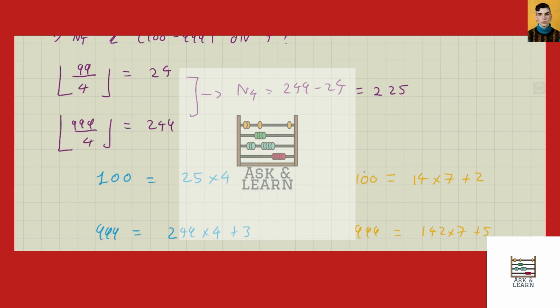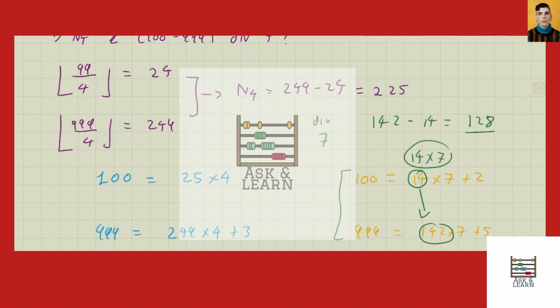So when we checked those numbers divisible by 7, we started from 14 to 142, and we said that 142 minus 14 is equal to 128 possible integers divisible by 7 on this interval. In that case, we are not counting the 14 times 7 because this number is outside of the interval.